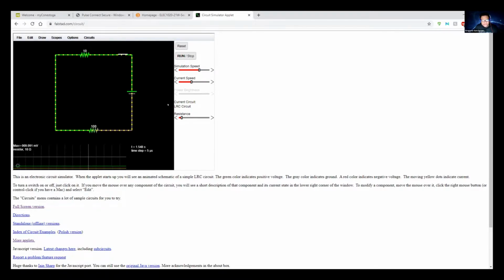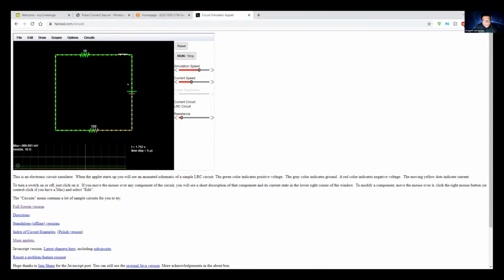Something important to keep in mind is that this is the conventional flow of current, okay? Because this is an electronics simulator, but it's one that we can use in DC for simple circuits as well.